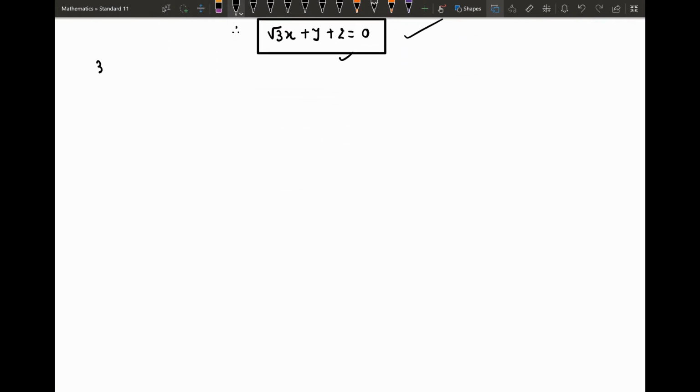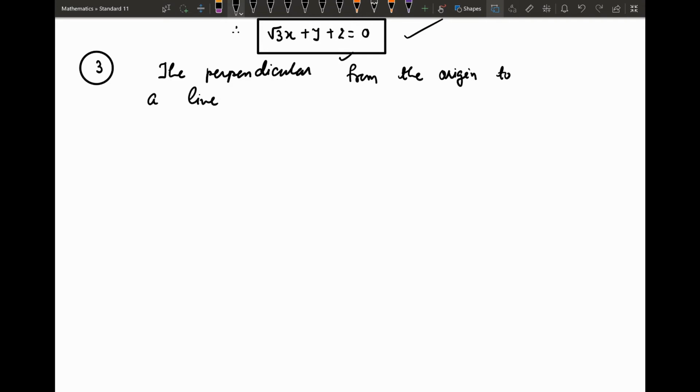Next example. The perpendicular from the origin to a line meets it at the point minus 2 comma 9.